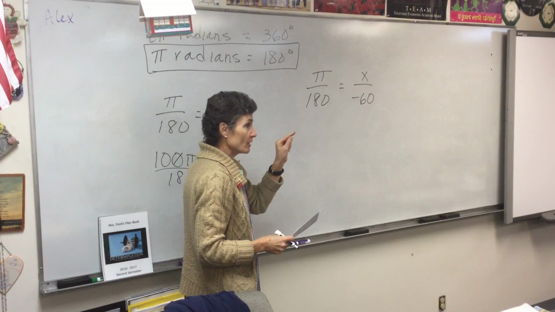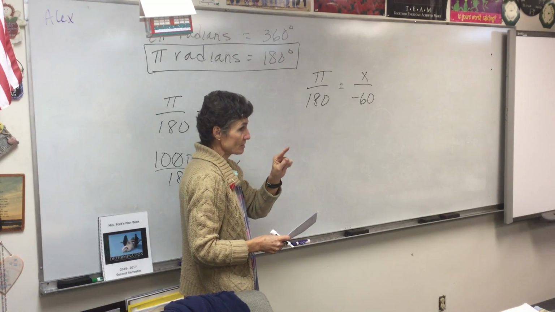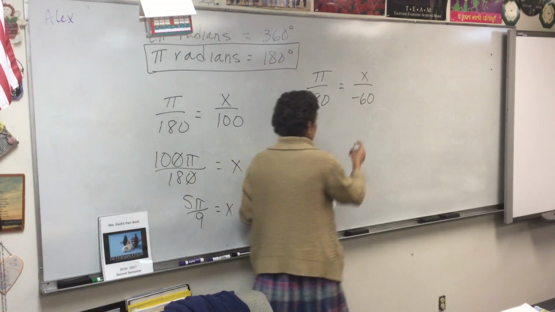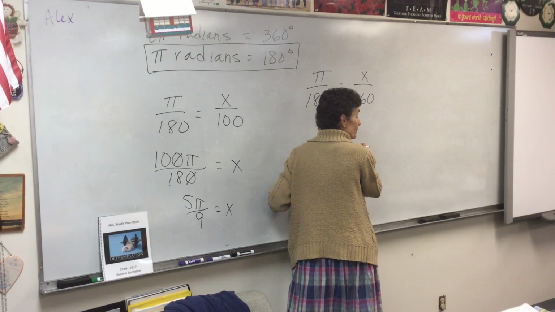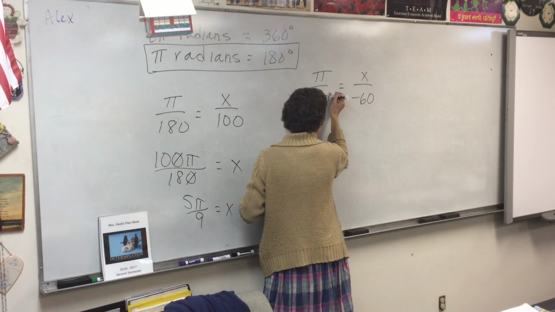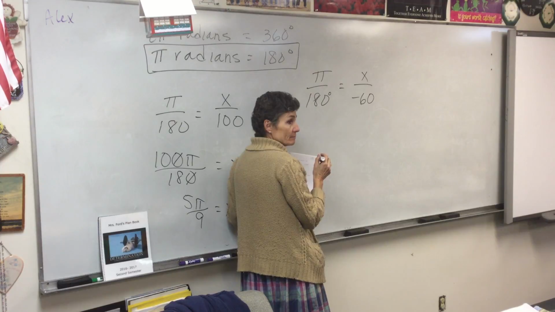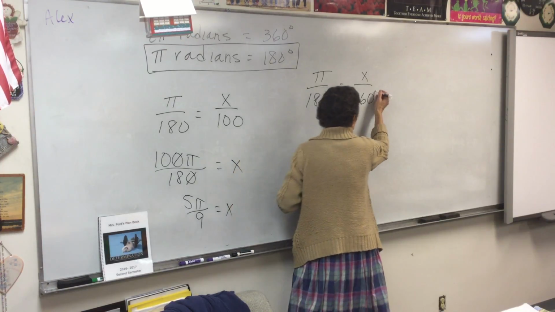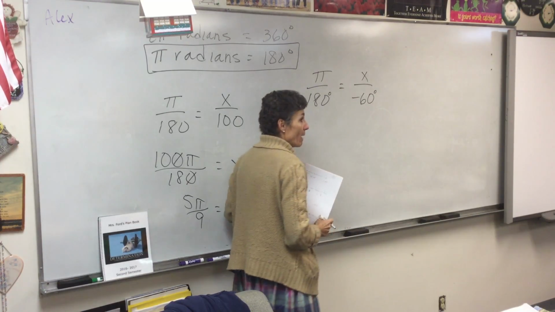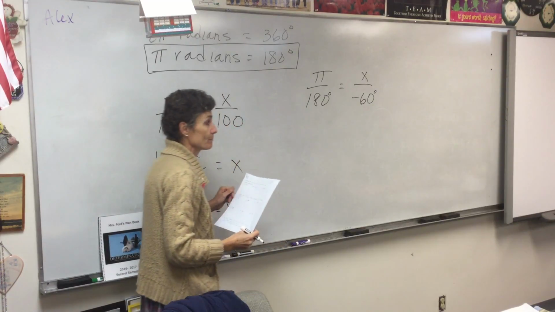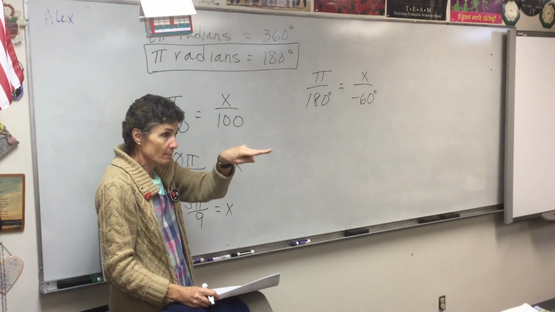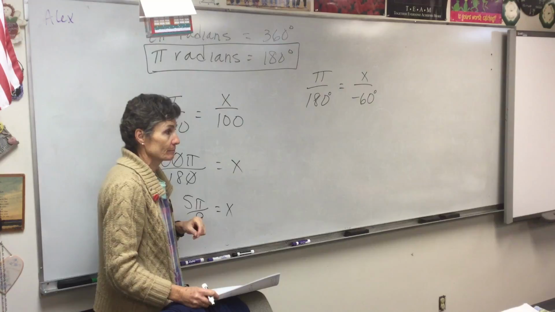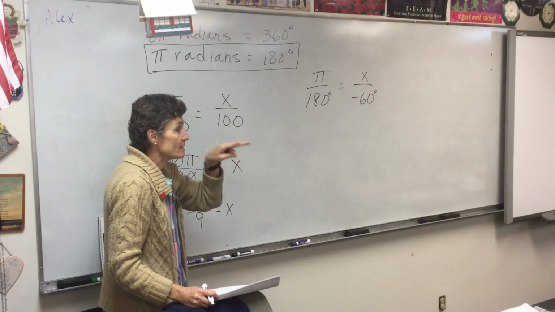You're not going to get confused and say 60 over x, because this 180 is the degree measure. So if 60 is a degree measure, it has to go on the bottom of the fraction. The degree measures are on the bottom of the fraction. Degree denominator.